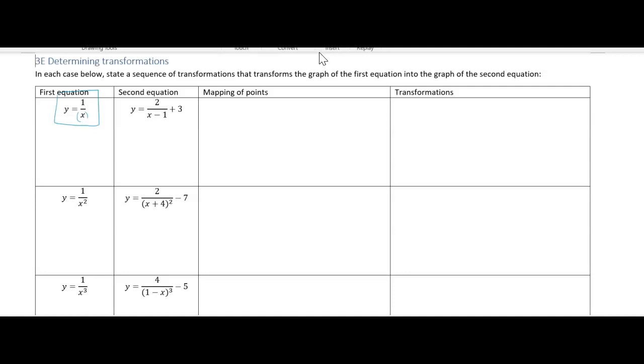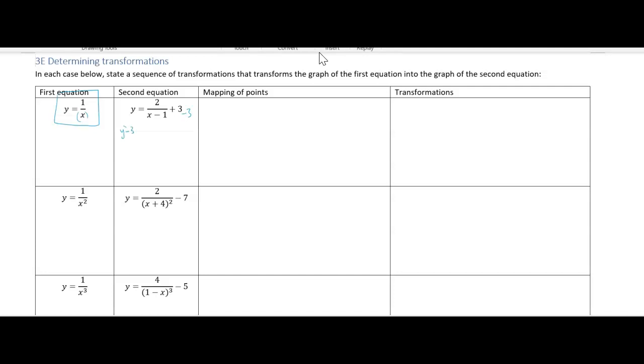So when you're looking at the transformations, depending on which function you're dealing with, it might be easier to put as many things as possible onto the y side and then just deal with the x in a more simplified way. So I'm going to subtract 3 from both sides. So we're going to have y minus 3.